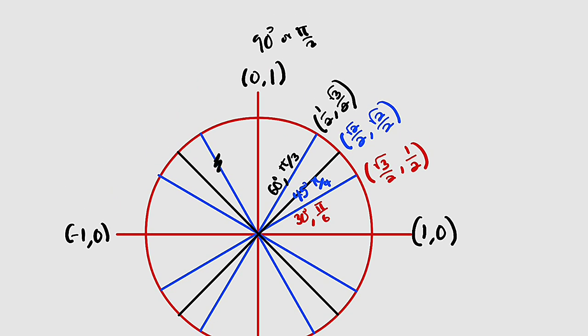This angle is 120 degrees. So it is either 120 degrees or in radians 2 pi over 3. So what will be the corresponding value of x and y at that point? Remember that this is positive, this is negative. And the point here will depend on this point and this point.